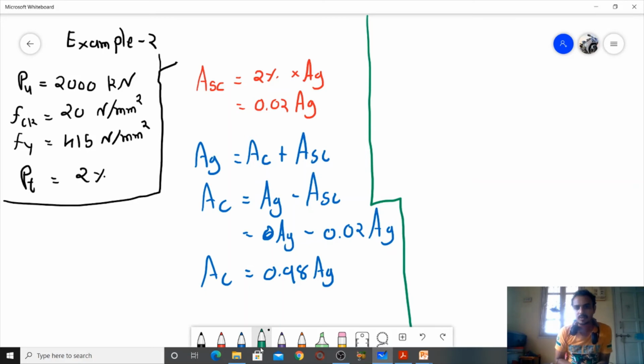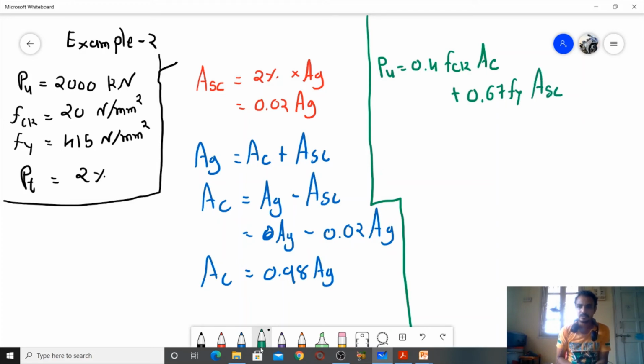Now we have the equation of Pu. Pu is equal to 0.4 fck Ac plus 0.67 fy Asc.